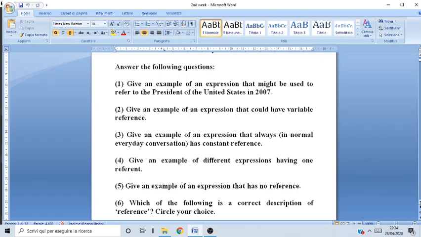Give an example of an expression that could have variable reference. And then give an example of an expression that always has constant reference.